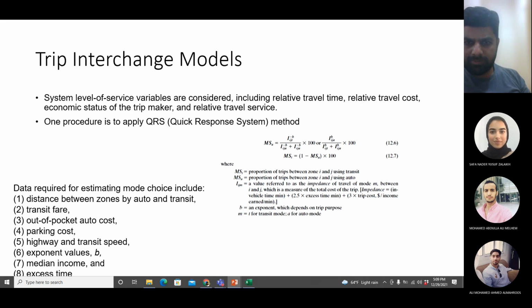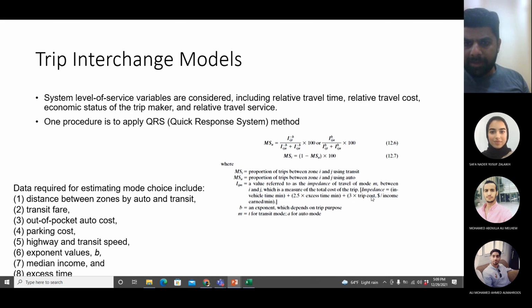Cost, basically cost, the cost which is offered by mode M. Whatever mode you are considering, M here will be A and T. If you put A, I will be the impedance for auto, and here I will be the impedance for public transport, transit. So impedance for public transit.